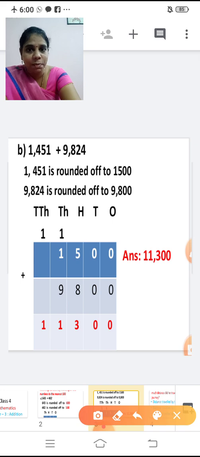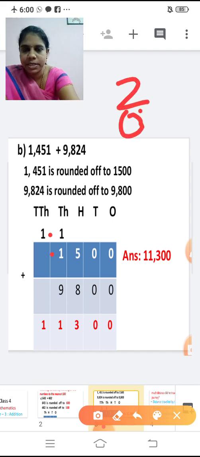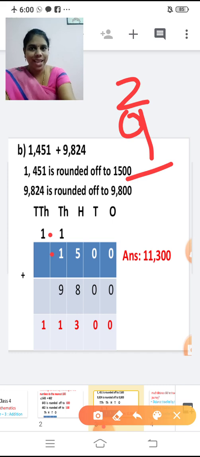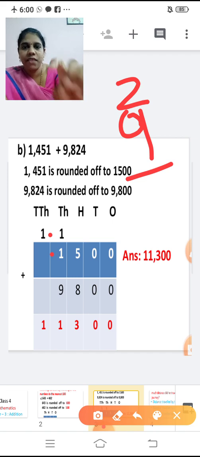Now add the thousands place, children. First add the first two numbers, 1 and 1. 1 plus 1, 2. With this 2 we are going to add 9. After 9 we are going to add 2 numbers. 9 plus 2, 10, 11.